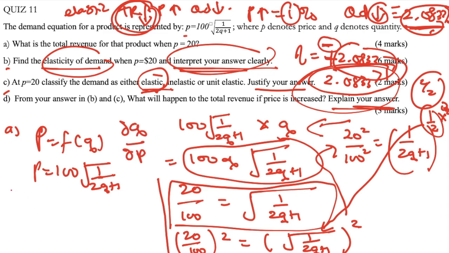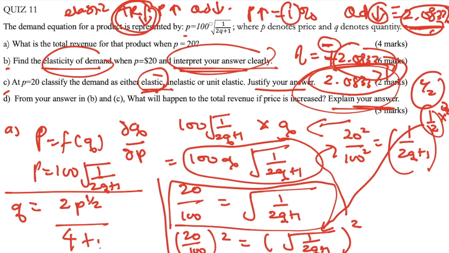What if the question given to you is like this? Let's say Q equals 2 times the square root of 4 plus P. You can see clearly here it's no longer price as a function of Q, but Q as a function of price. This is a direct demand function.